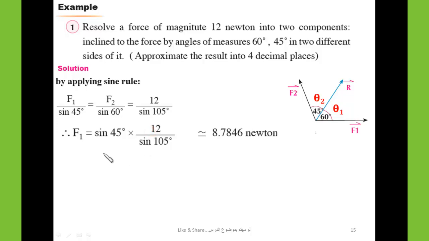By cross multiplication, F1 equals sine 45 multiplied by 12 over sine 105, approximately 8.7846 Newton. And F2 equals sine 60 multiplied by 12 over sine 105, approximately 10.7589 Newton.